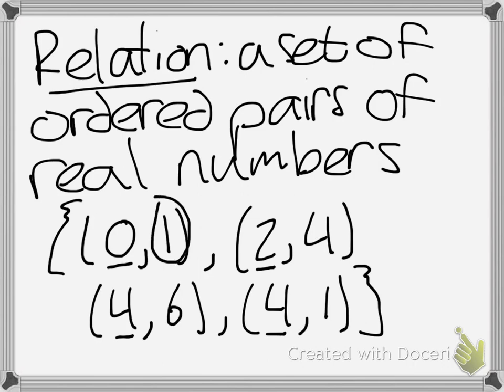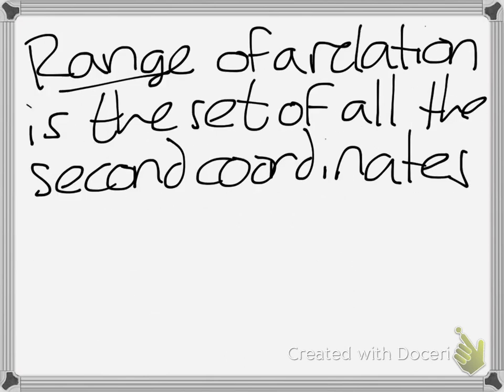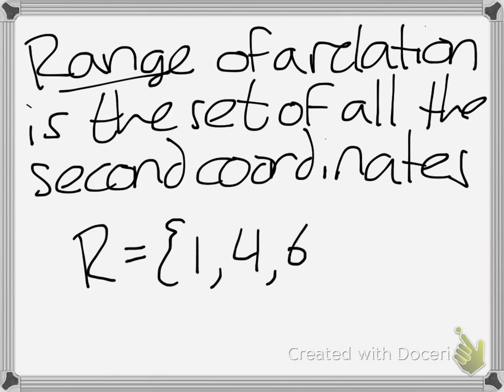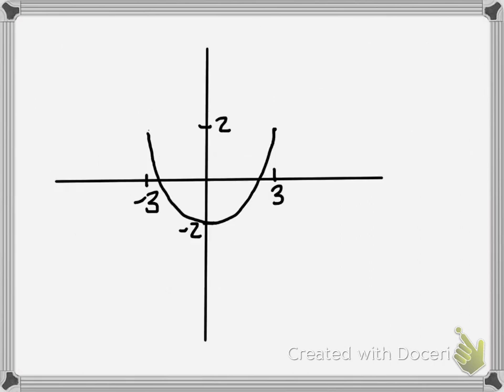Now I have 1, 4, 6, and 1, so my range R is equal to the set 1, 4, and 6. When you have a list of ordered pairs, it's fairly easy to identify. We list the first coordinates, those are our domain. We list the second coordinates, those are our range.